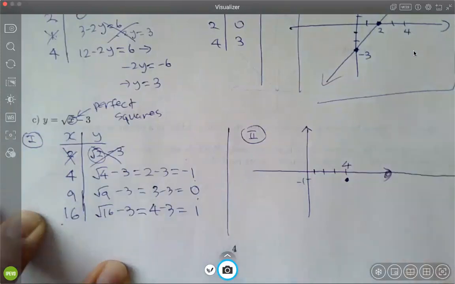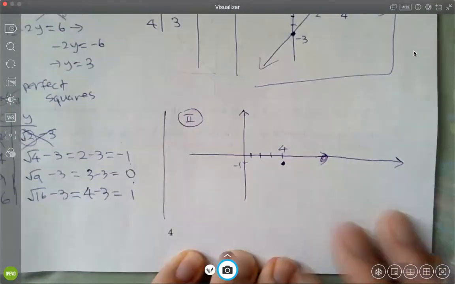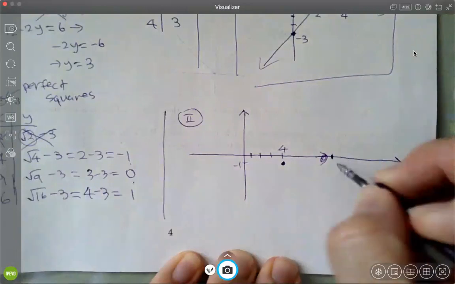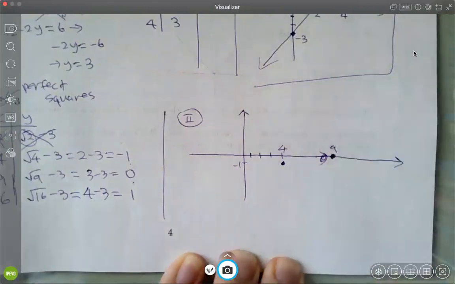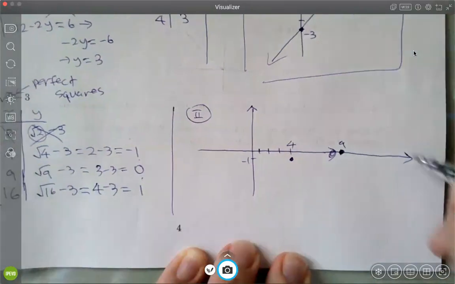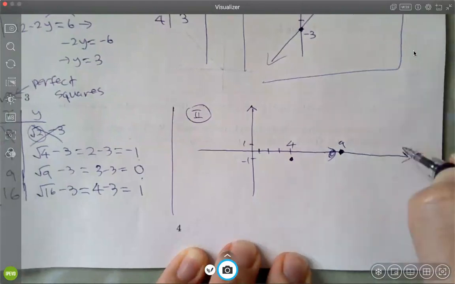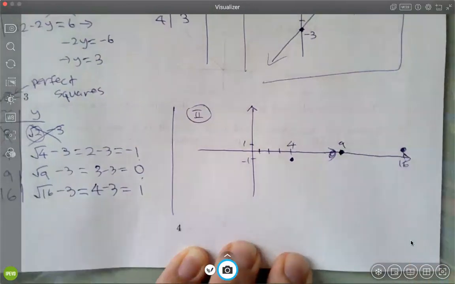So that's way on this side. So maybe somewhere here. This is not to scale. And then 16 comma 1. So maybe somewhere here. Something like this.